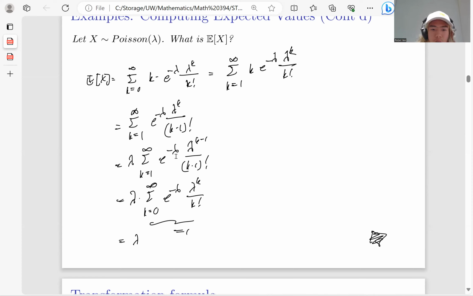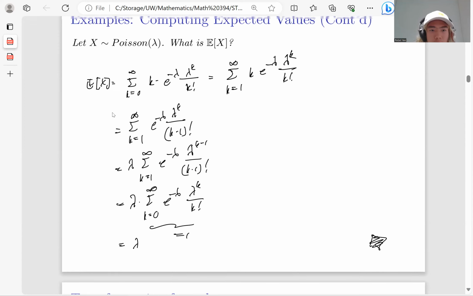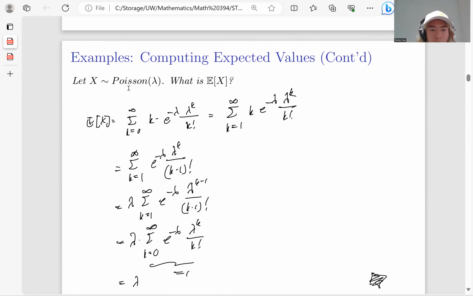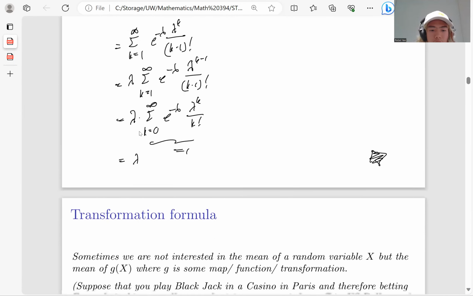So it's lambda to the k minus 1, and we find out it's another new Poisson distribution. So this is equal to 1. So the expected value for the Poisson distribution is lambda as a result.